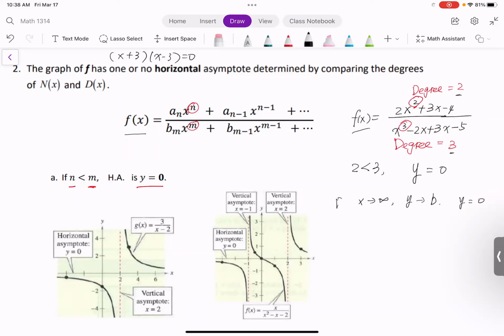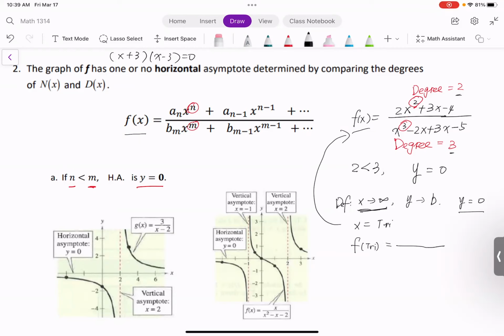We can use this definition and plug in a very huge number, like approaching infinity, in the function, to decide what is the y's value. For example, I say x equals trillion, maybe more than trillion. So put the x in the function.